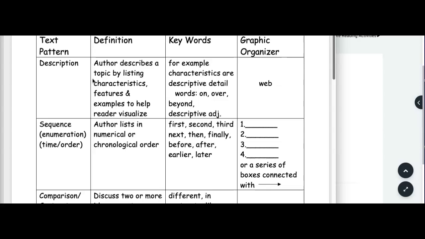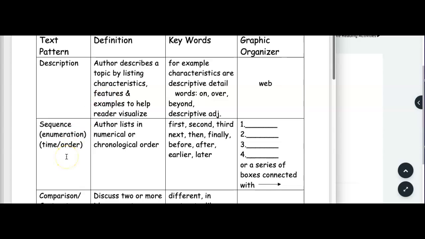The key words that readers want to look for are on, over, beyond, descriptive adjectives. And what kind of graphic organizer could be used with this text pattern is a web.